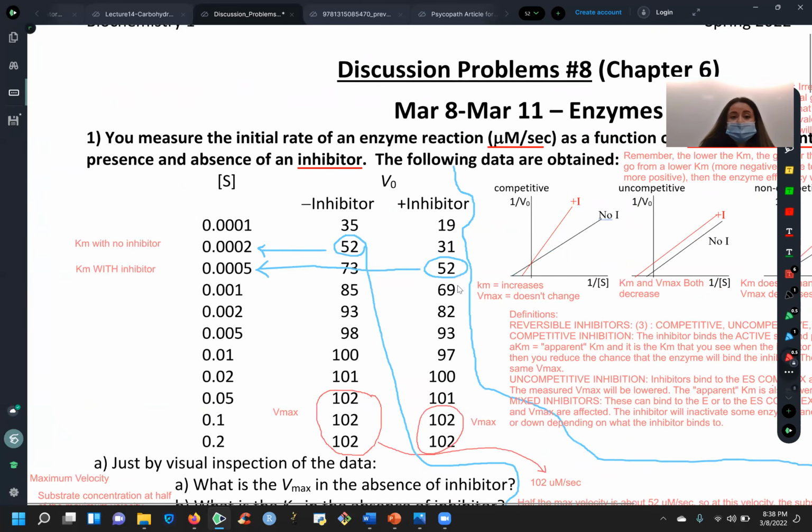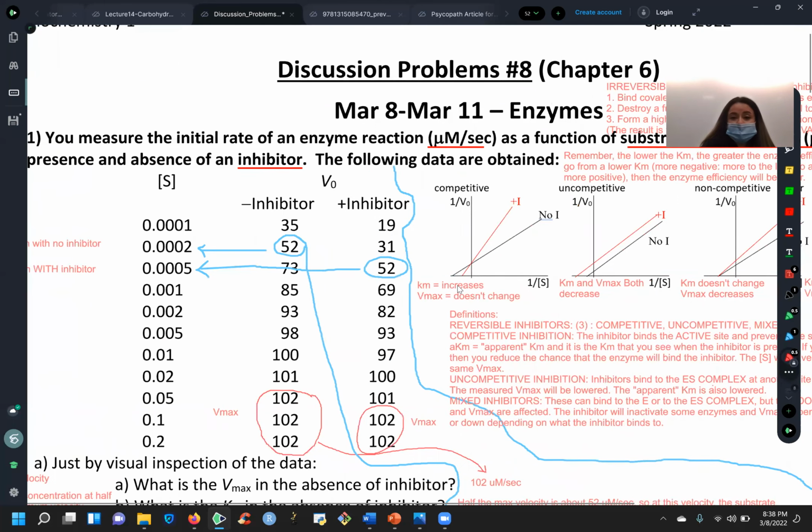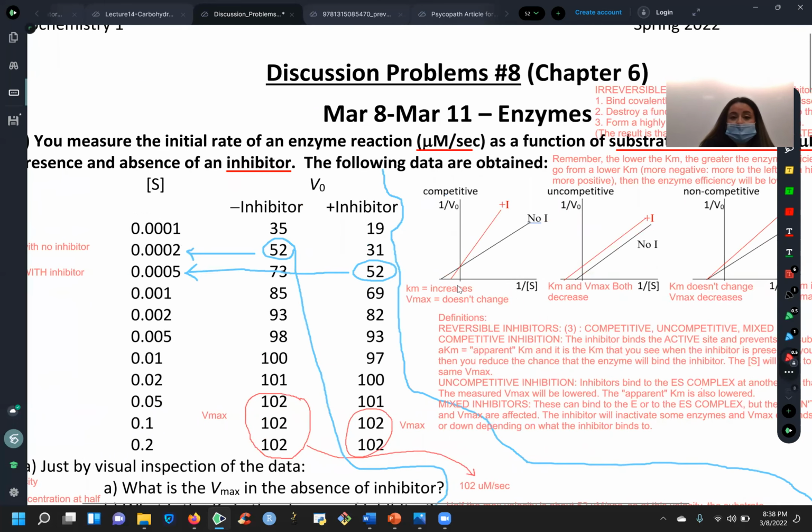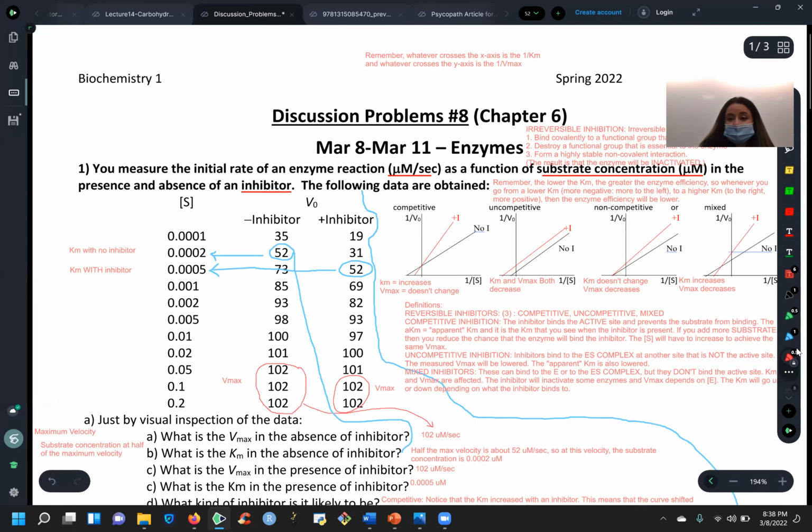You measure the initial rate of an enzyme reaction in micromolars per second. So remember, what they're giving you here is V naught, because at this point, you have to start plugging things in by yourself. You measure the initial rate of an enzyme reaction. So we know initial rate is V naught.